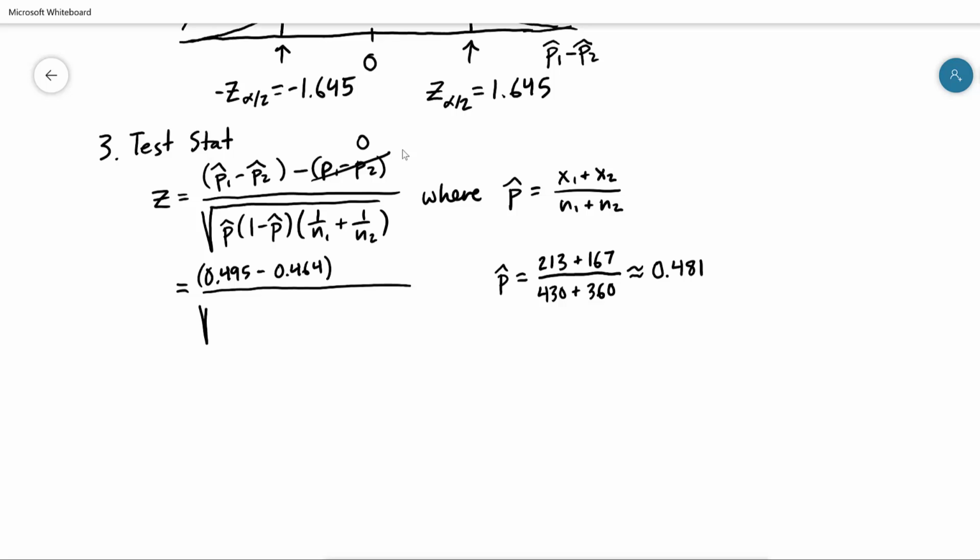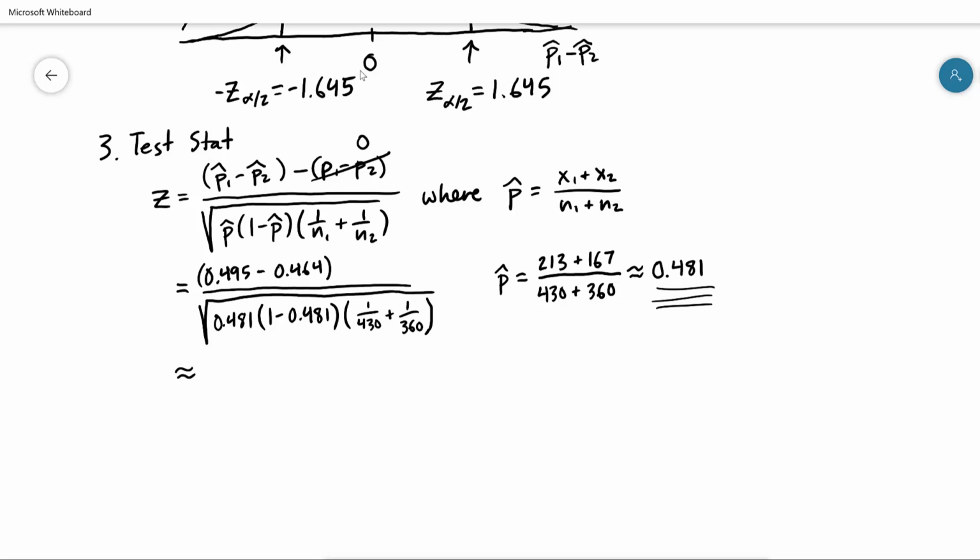And in the bottom, I'll use that 0.481 that we just found over here. So 0.481 times 1 minus 0.481. And then I'm multiplying that by 1 over 430 plus 1 over 360. And now I'm just going to plug these all into the calculator and see what we get.